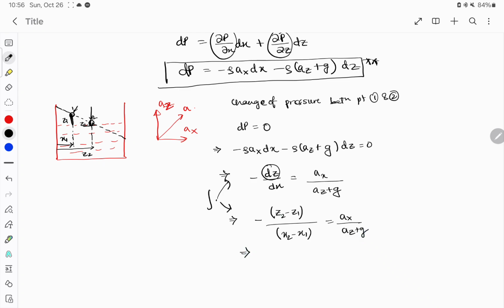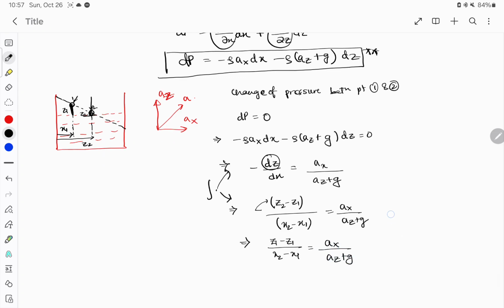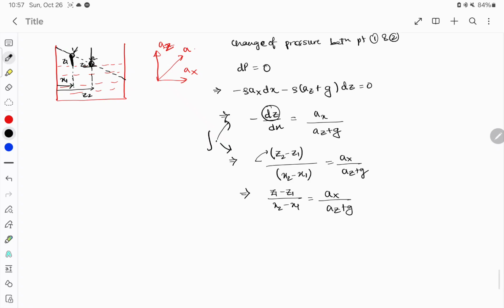Now we know that z2 is less than z1. From this figure we can easily interpret that. So this minus sign will take it inside, giving z1 minus z2 divided by x2 minus x1. Let us bring this out and make it a little bigger.